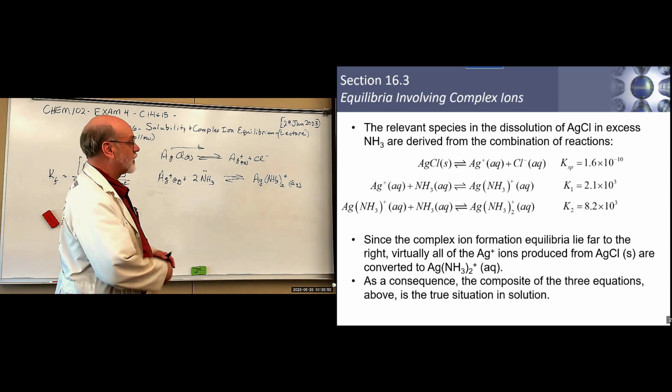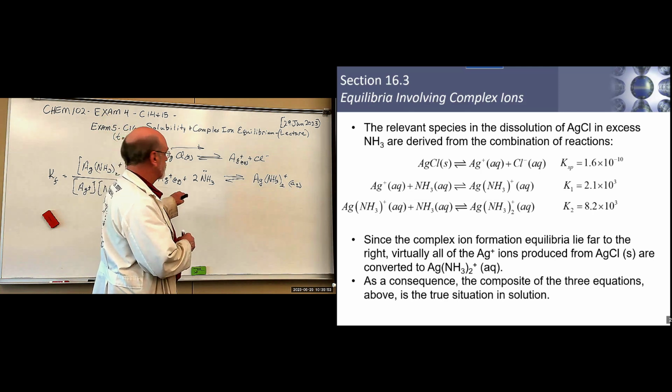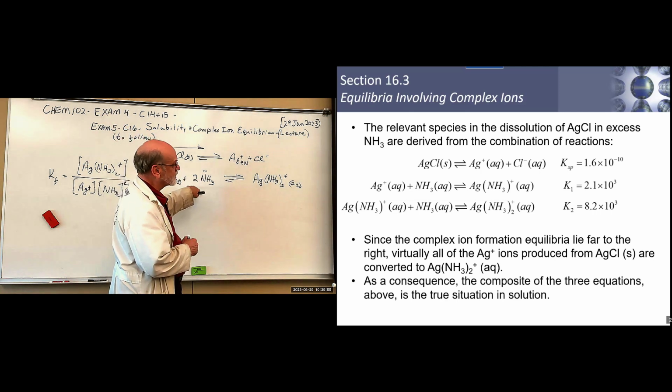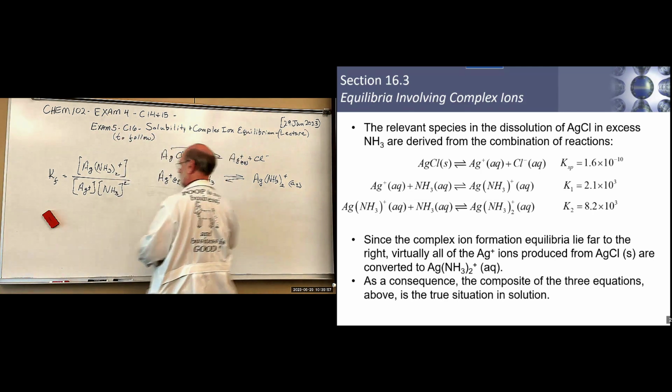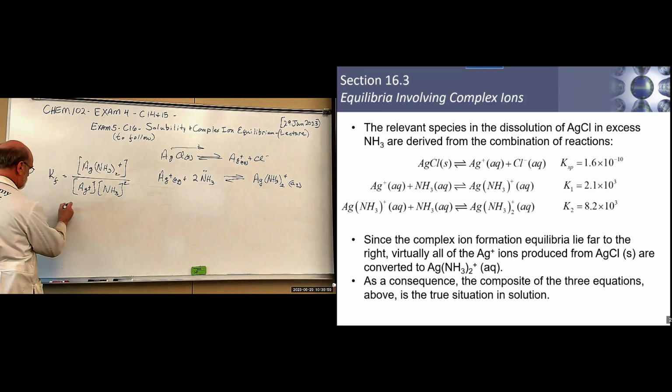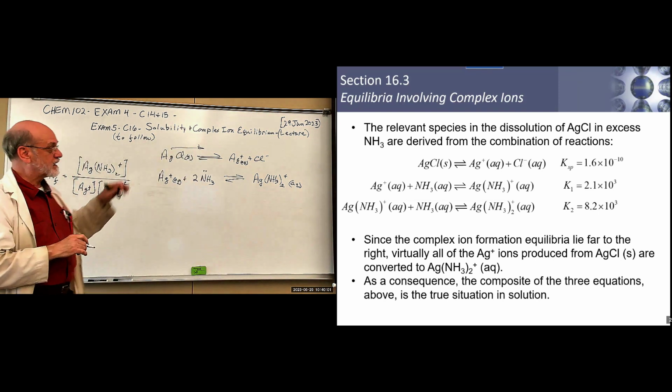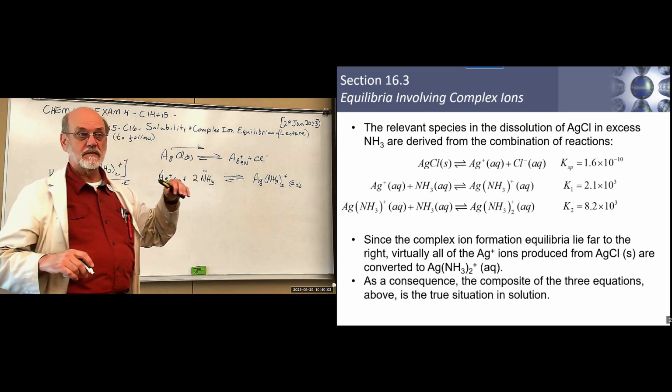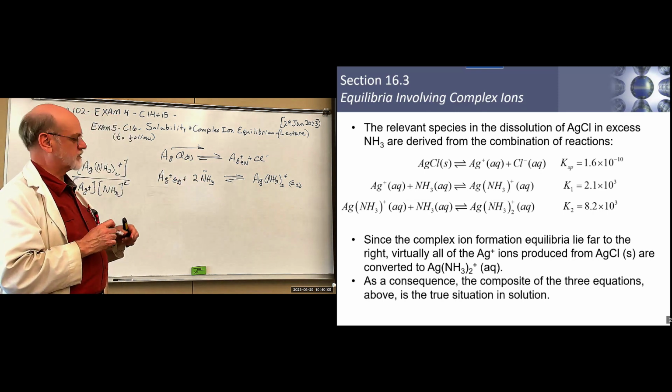So let's see. If we combine those two reactions to get this one, what would the K be for this one? It would be K1 times K2, wouldn't it? So what's K1 times K2?